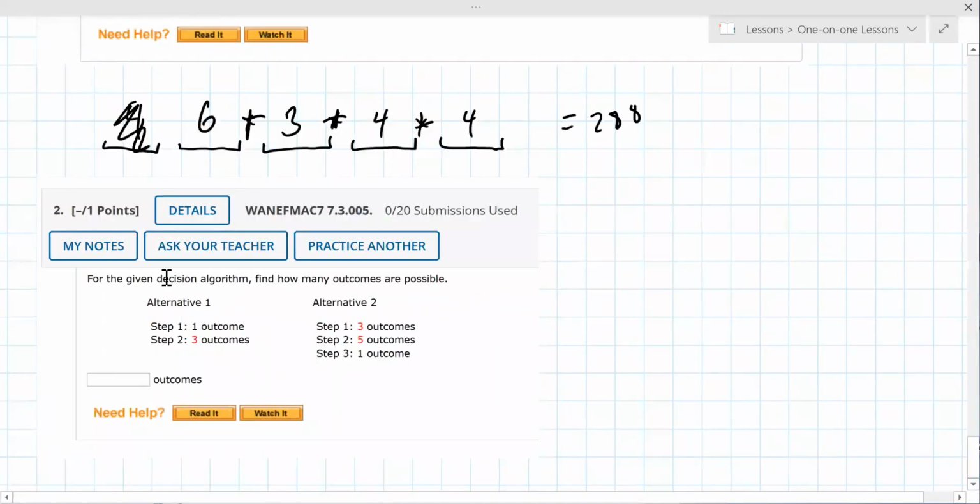So for a given decision algorithm, how many outcomes are possible? Like it looks like there are, you choose between 1 and 2, but there's 4 outcomes here, and then there's 9 outcomes there.